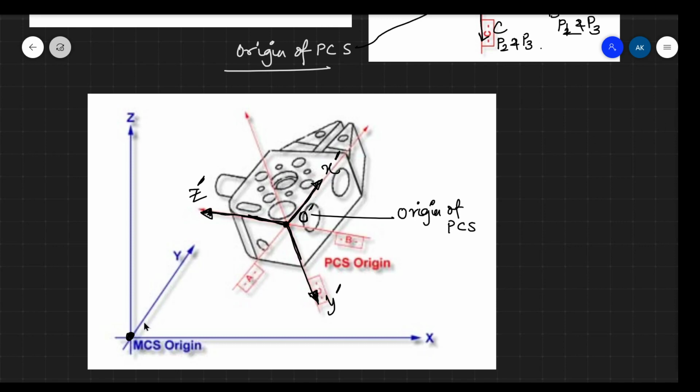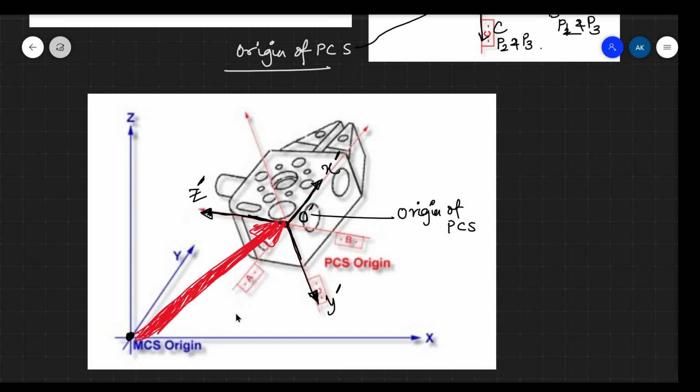So now you can understand that between this coordinate system and this coordinate system, there is a relationship. Suppose I am drawing this line. I'm very sorry for my drawing, but you can understand. Okay, so yeah, this is the position vector of this origin.